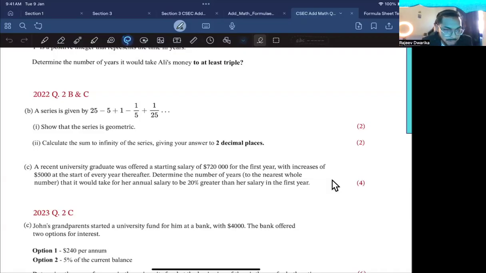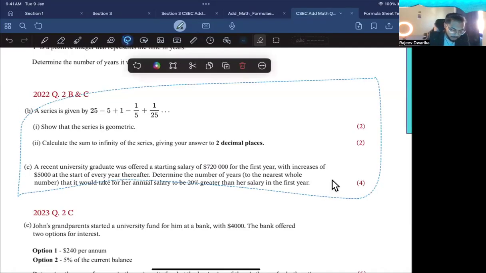Harrison University graduate was offered a starting salary of 720,000 for the first year with increases of 5,000 at the start of every year thereafter. Determine the number of years to the nearest whole number that it would take for her annual salary to be 20% greater than her salary in the first year. All right, so let me work this question out quickly.